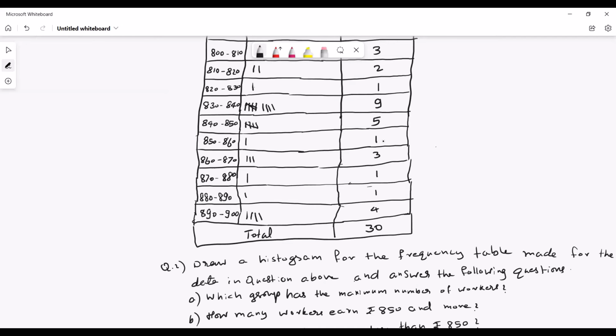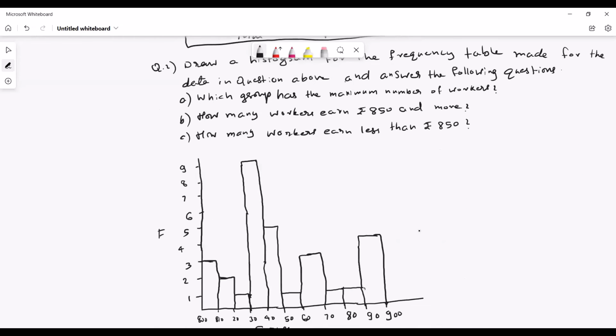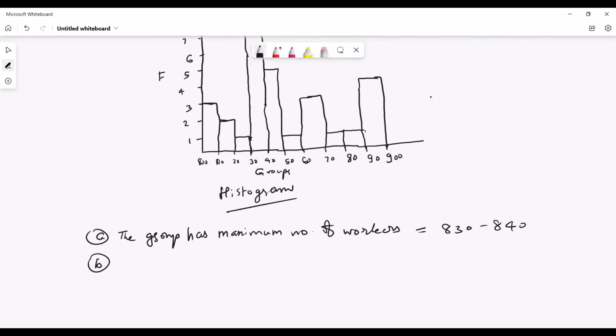So it is 1 and 3 means 4, 5, 6, and 6 plus 4 means 10. 10 workers are earning 850 and more than 850.